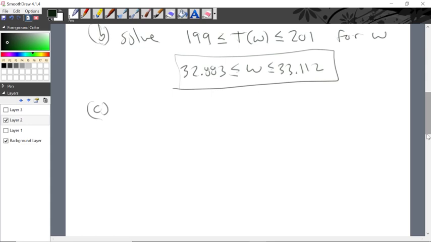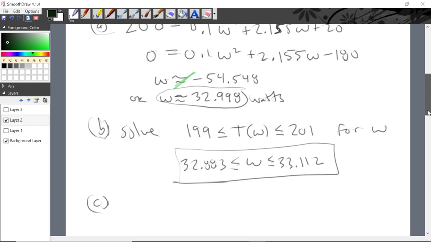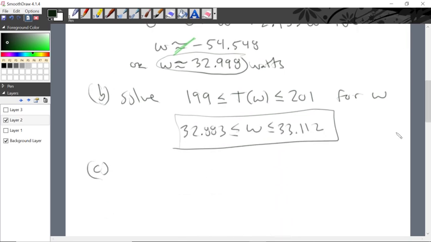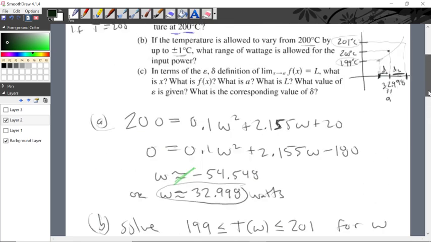Now, if we wanted to find the best value of delta, we should consider that at the center, 32.998, we can find delta 1 and delta 2, which are the 2 distances. Delta 1 is this distance, and delta 2 is this distance right here, and we should choose the smaller of the 2. And that's part of part C.